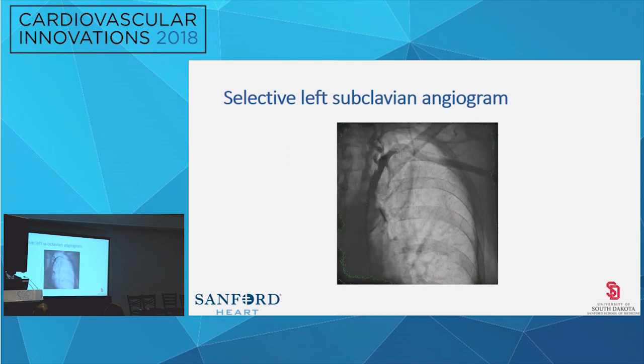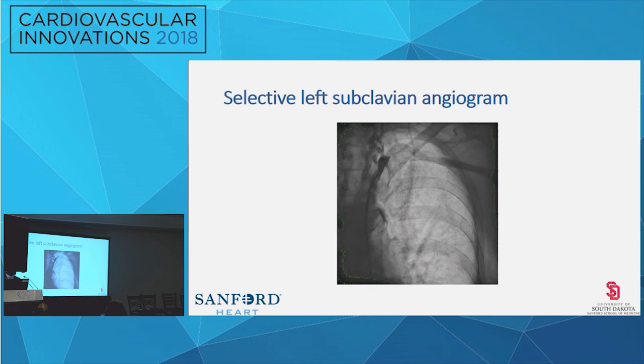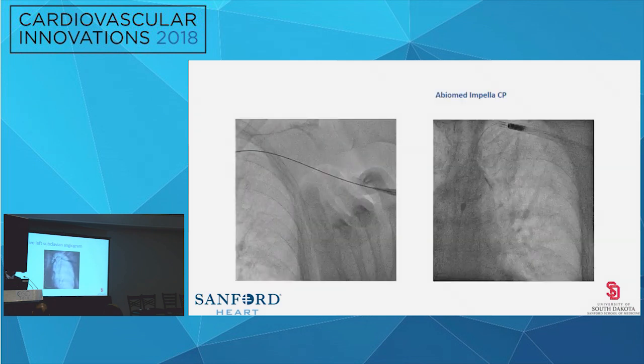As per the prior presenter, we did not do the CTA of the subclavian. So we did an initial left subclavian angiogram through 5 French left femoral access, JR4, showing a patent subclavian artery.